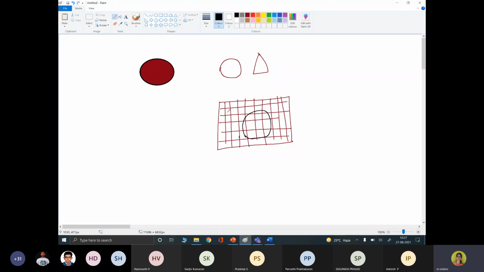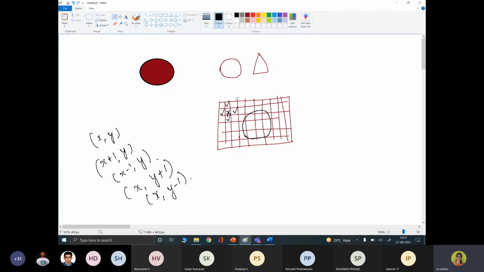For 4 connectors, suppose you are at the position x, y. The 4 neighbors for this location are x plus 1, y; x minus 1, y; x, y plus 1; and x, y minus 1.